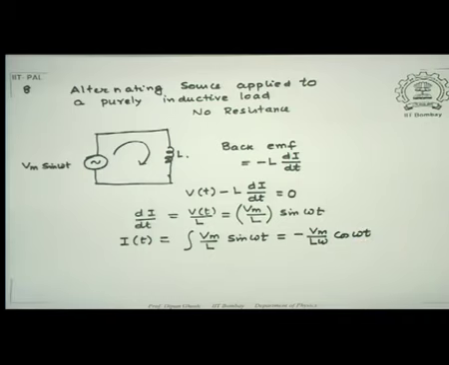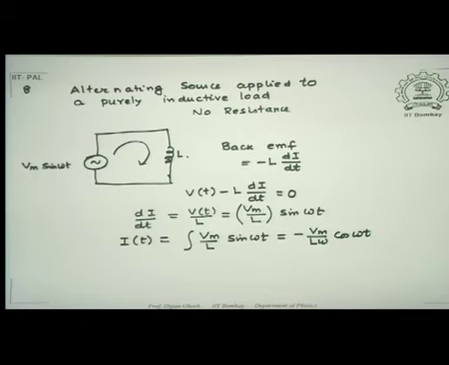Now here I have taken the constant of integration to be 0 because we have seen that the voltage has no constant component and it is symmetrically oscillating around 0. So therefore, my current should also not have any constant component and should also oscillate symmetrically about 0.